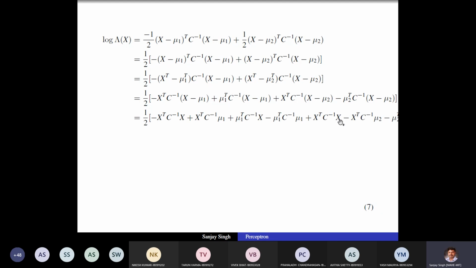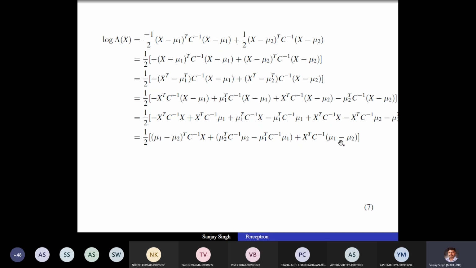Once we do this, we further multiply x transpose C and the minus and plus terms. Finally we write (mu1 minus mu2) transpose, because those factors are there, with C inverse, and somewhere minus mu2 was there. So we have written it in this fashion.